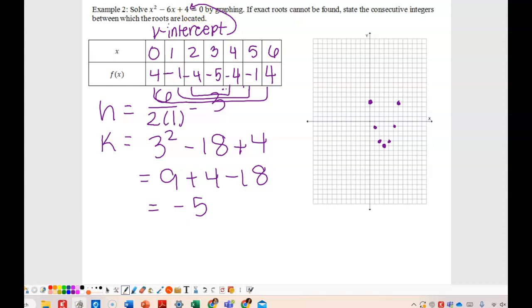So when you graph or connect these points, you should see the same thing that the table shows, that I have a root between 0 and 1, and a root between 5 and 6.